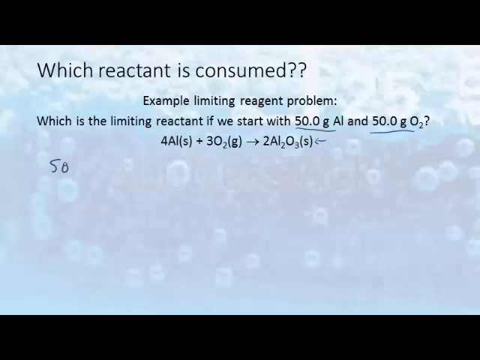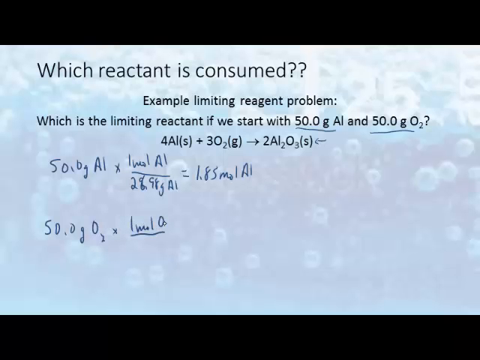So 50.0 grams of aluminum times 1 mole of aluminum over 26.98 grams of aluminum gives the moles of aluminum, and that's 1.85 moles of aluminum. We can do the same thing for oxygen, 50.0 grams of O2 times 1 mole of O2 over, because it's O2 as opposed to just oxygen atoms, 32.00 grams of O2.